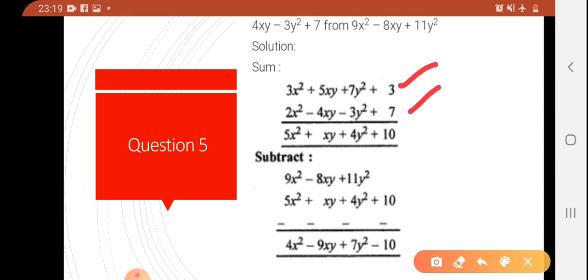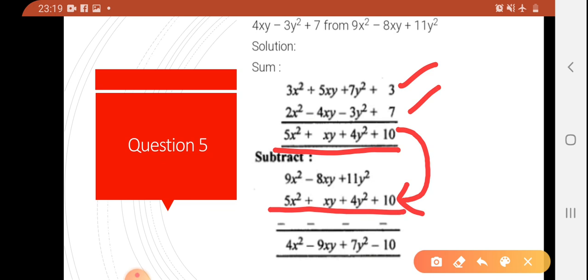When we add the first two expressions, the answer will come like this, and we have to subtract it from the third expression, 9x² − 8xy + 11y². When we subtract it, the signs change and we get the answer 4x² − 9xy + 7y² − 10. This will be your answer.